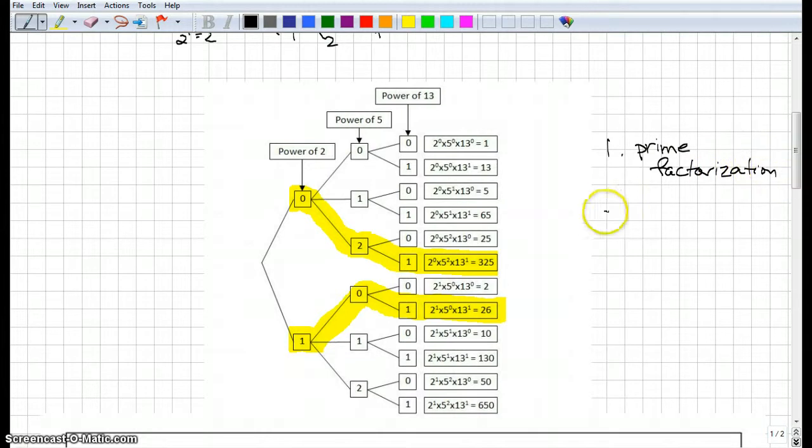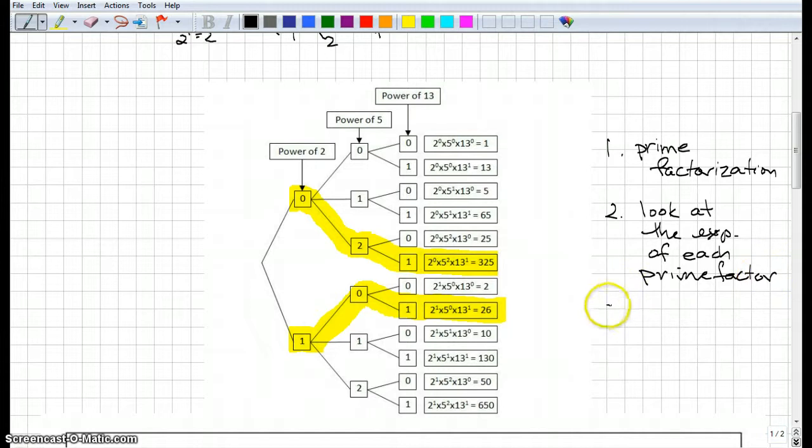Then we look at the exponent of each prime factor. And we have to account for the fact that 0 is an option. So if we have, say, 7 cubed in our prime factorization, then we can have 0 sevens, we can have 1 or 2 or 3 sevens, so that gives us 4 options.